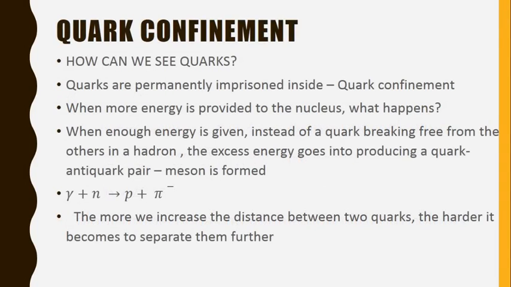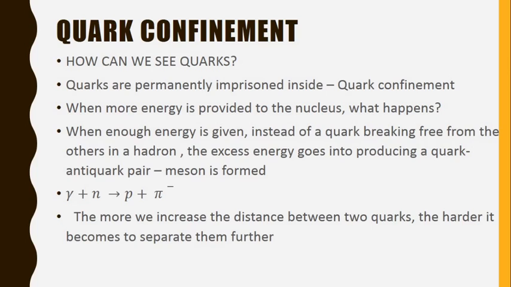Now, what is quark confinement? We had said that baryons, proton is made up of UUD and neutron is made up of UDD. Initially we know that there are atoms, and inside the atomic structure there is a nucleus. Now we had said that nucleons, that is protons and neutrons, are made up of quarks.